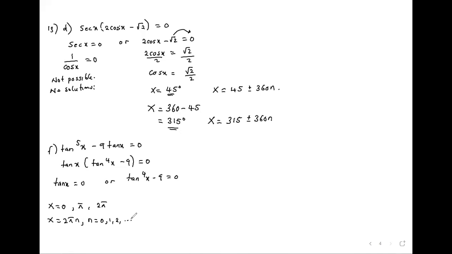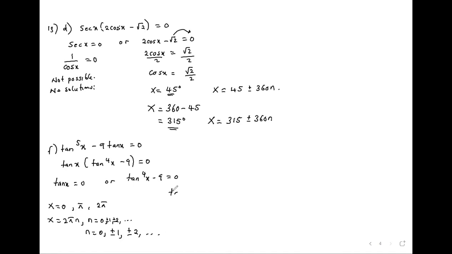Or we can just say plus or minus. So for n, 0, plus or minus 1, plus or minus 2, because we're not given which interval of angles we should give. But we know tan will be 0 wherever sine is 0, since tan is sine over cos. Now tan 4x is equal to 9.